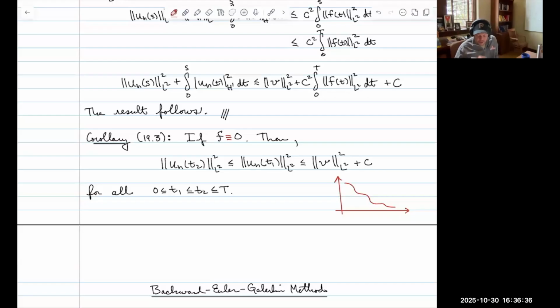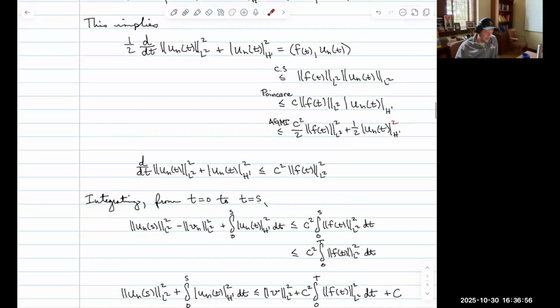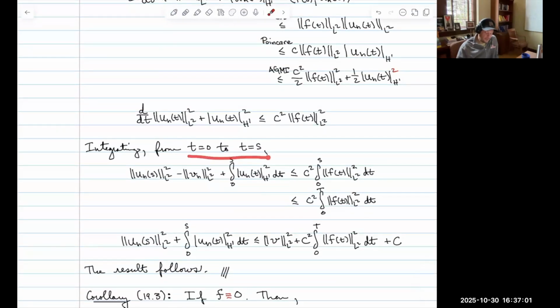The L2 norm decreases over time, so that if I take any T1 and any T2, T2 being the later time, and I examine the values at those two, I see that the value at T2 is always lower than the value at T1. This is a type of stability, and it follows very quickly from the analysis above. All I'm going to change is that instead of integrating from t equals 0 to t equals s, I'm going to integrate from t equals t1 to t2.